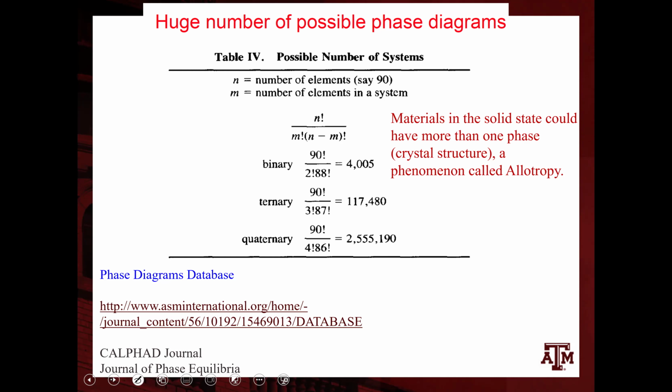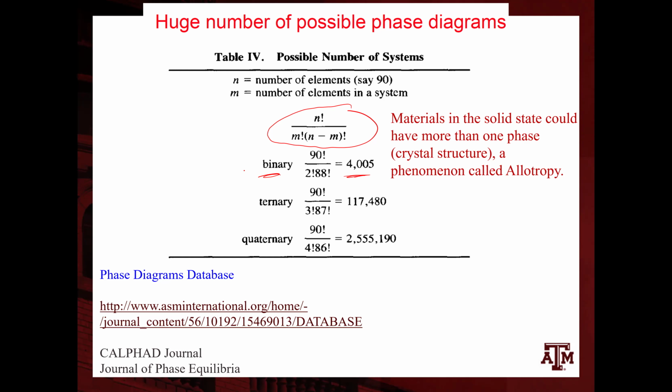And then you can get an estimate of this large combinatorial number by estimating: if I have to pick 2 or 3 elements out of 90, then how many options do I have? This is a simple combinatorial calculation. For binary systems, this turns out to be about 4,000.